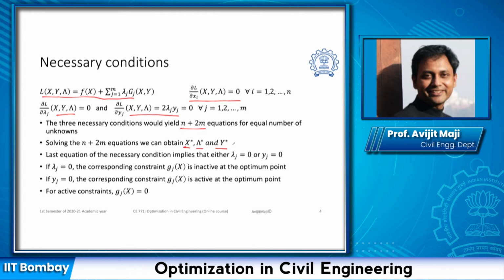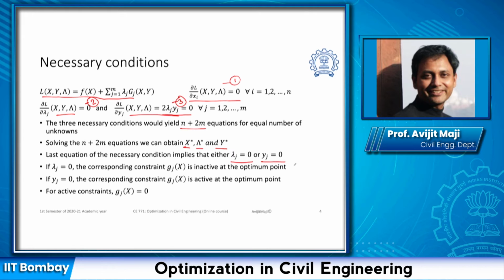Now one thing we can notice in the last equation of the necessary condition. If this is my equation number 1 for the necessary condition, this is my equation number 2, and this is my equation number 3. In this last equation, we see the term 2 times lambda j times yj is equal to 0. It indicates either lambda j is equal to 0 or yj is equal to 0.